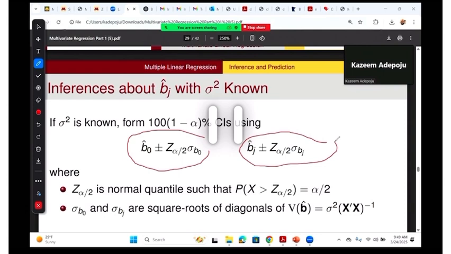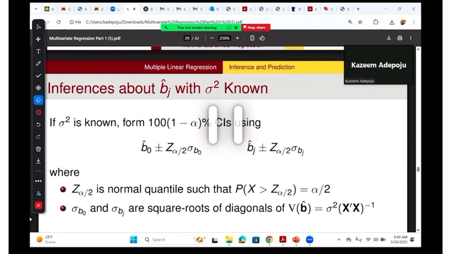And sigma Bi, when I say i, could be B1, B2, and so on, is also the square root of the variance of Bi. Without the variance of Bi, we may not be able to do this. And of course, we're going to check from this Z-score.